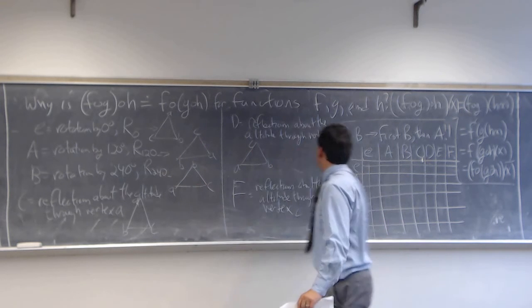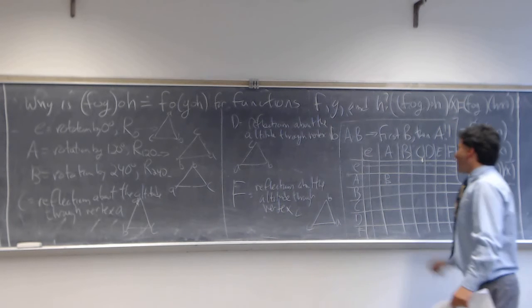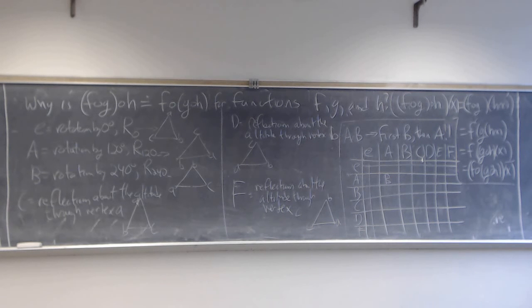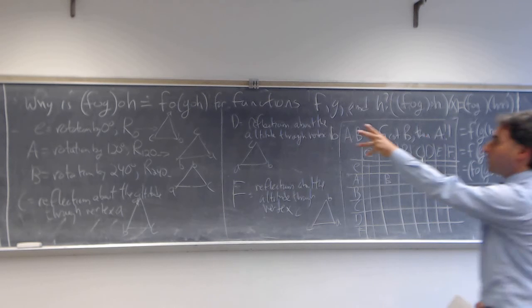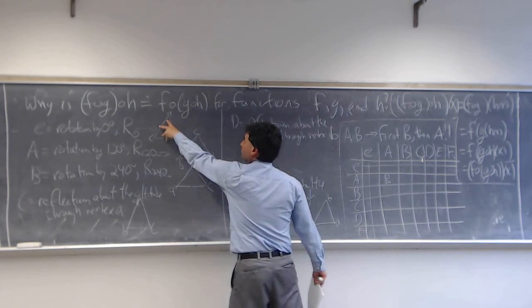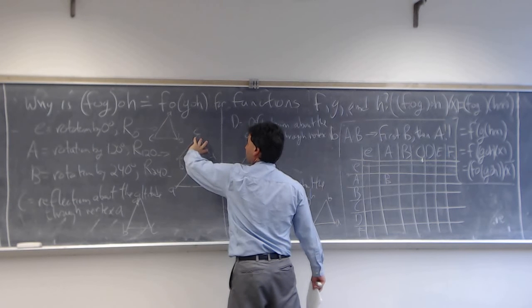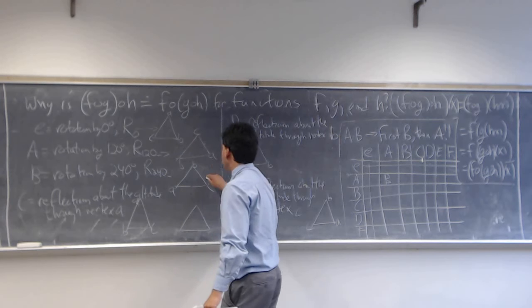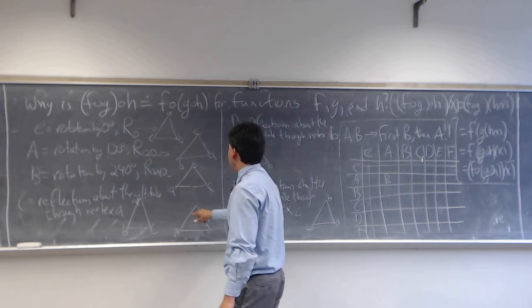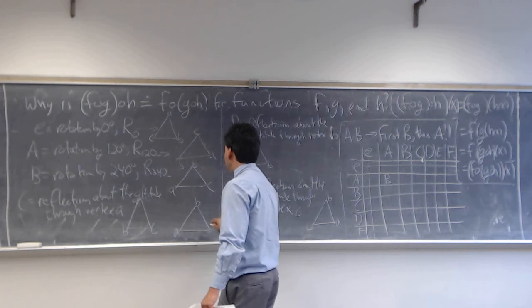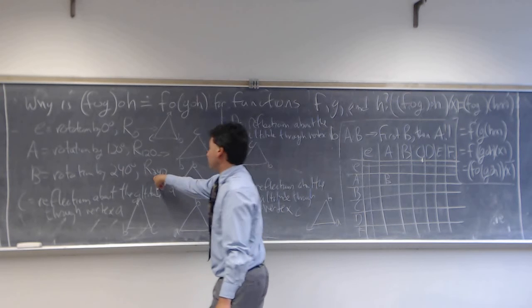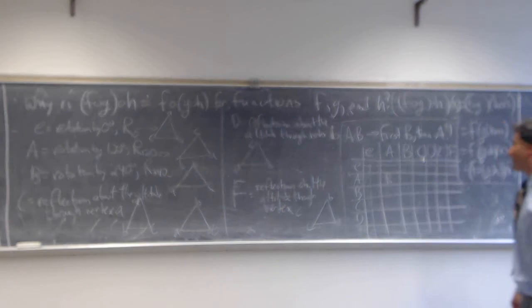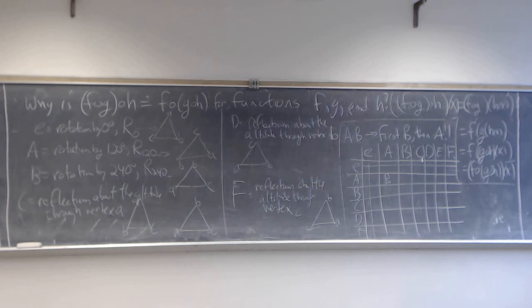That would be B. So A squared would be B. Again, just imagine, take this triangle, how would it end up? You would turn this once, it would look like that. Turn it again, and A would go here, B would go here, and C would go there. And you say, oh, wait a second, that's a rotation by 240. Again, it makes sense from rotation, right? If you rotate by 120 twice, that's the same as rotating by 240.